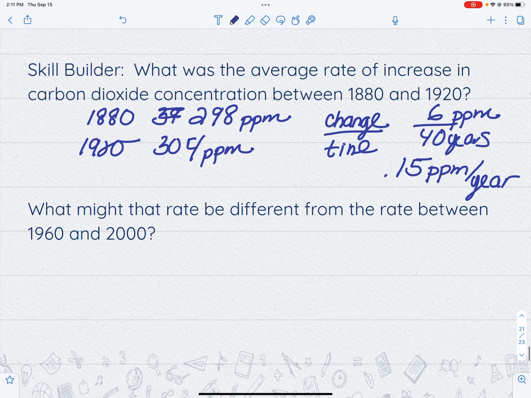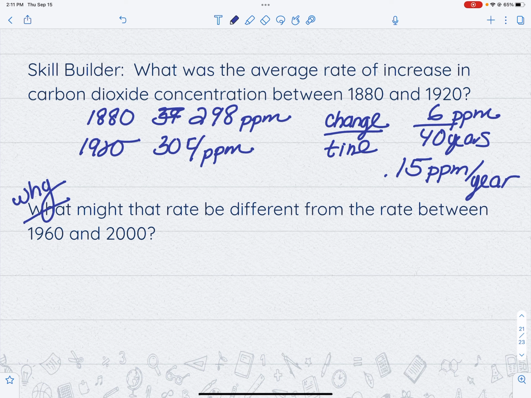Then the question says, what might be the reason that that rate has increased? This should really say why. It's a typo on my part, I apologize. Why might that rate be different from the rate between 1960 and the year 2000?